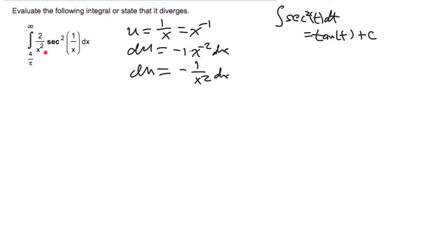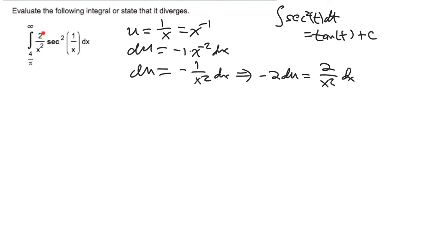Well, in this problem, we have 2 over x squared dx. So if I multiply on both sides of this equation by negative 2, then I'll have negative 2 times du is equal to positive 2 over x squared dx.